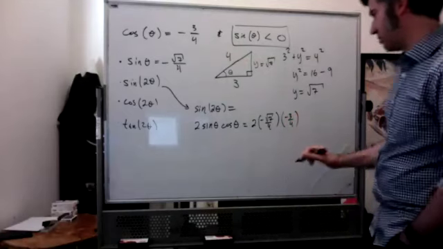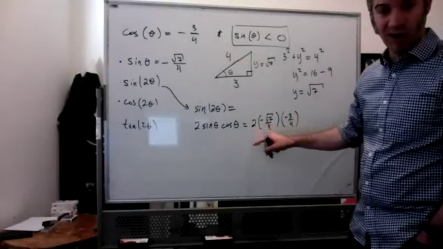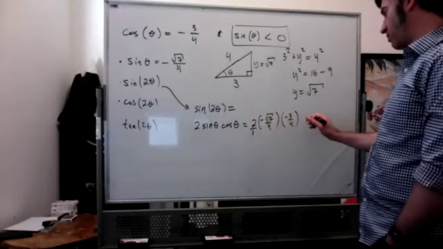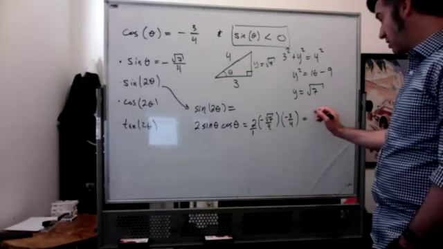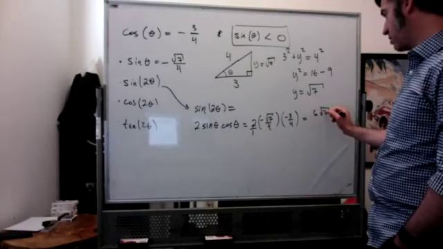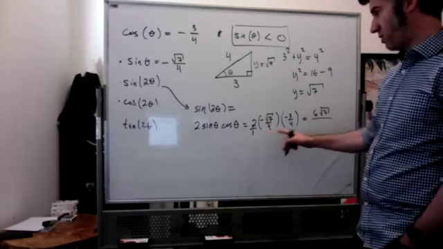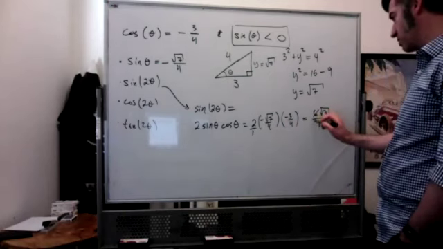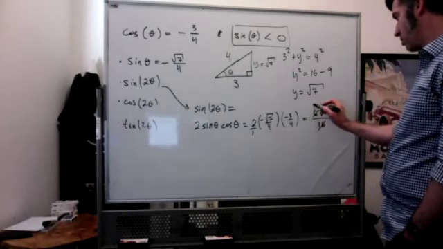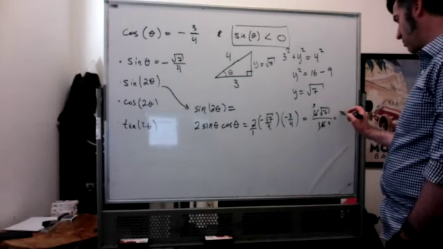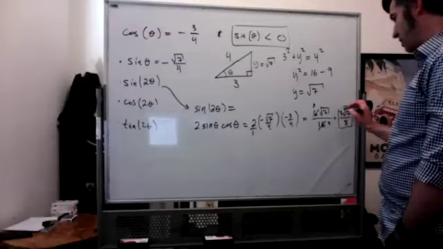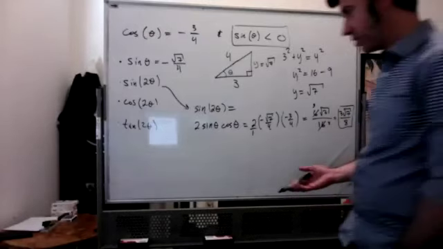So this is 2 over 1 times -root 7 times -3, which is positive 6 root 7, divided by 1 times 4 times 4, which is 16. You can reduce this to 3 root 7 over 8. So that's our sine of 2 theta value.